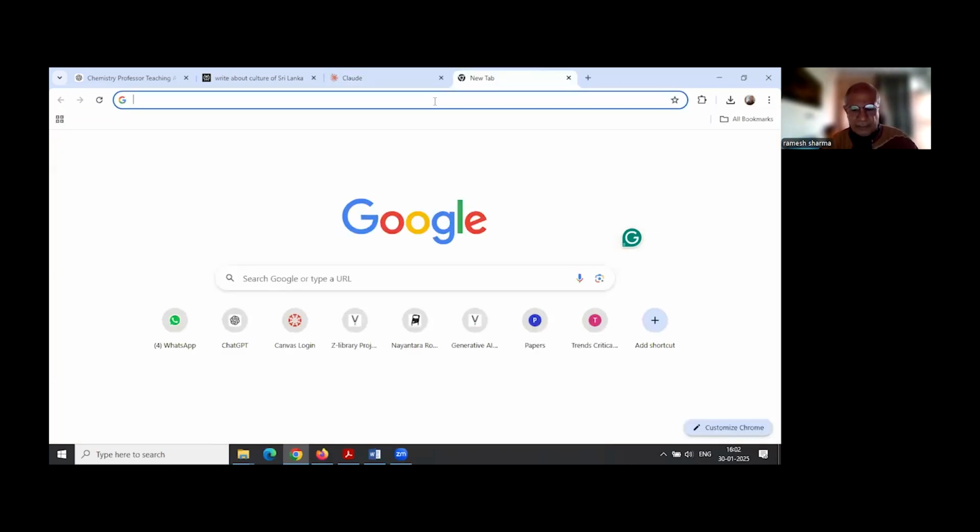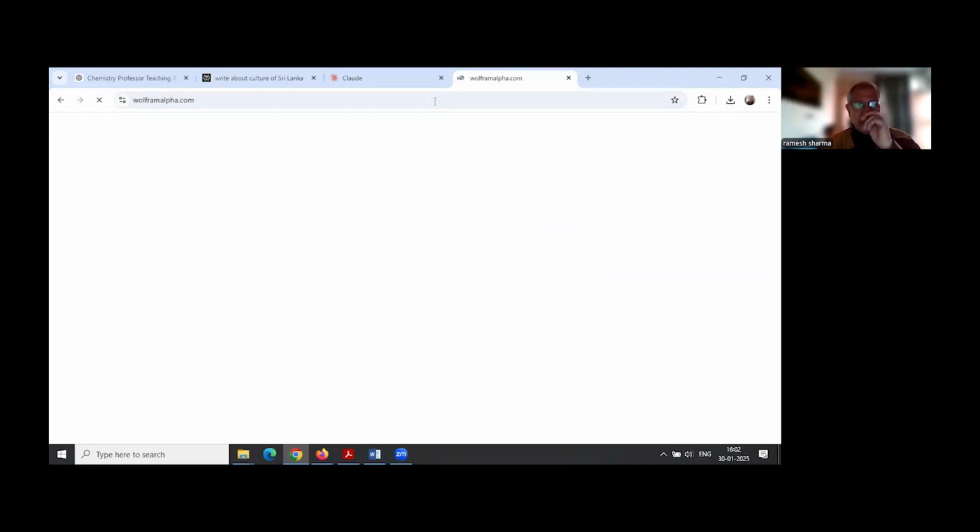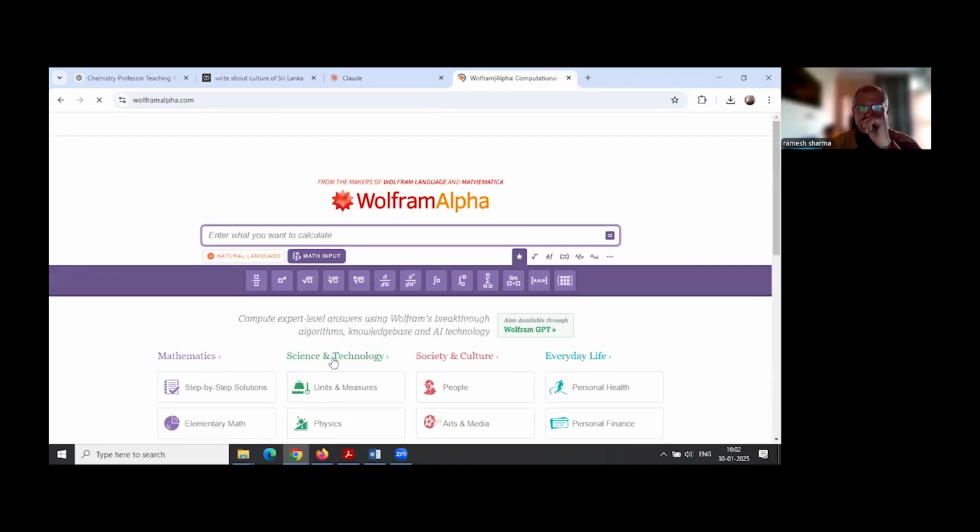There is another very interesting platform for those of you who deal with calculations, mathematics, statistics, science, etc. It is called Wolfram Alpha. This is completely AI enabled with natural language processing capabilities.